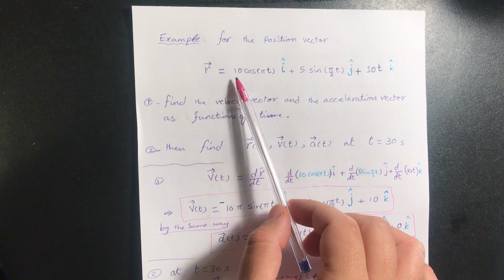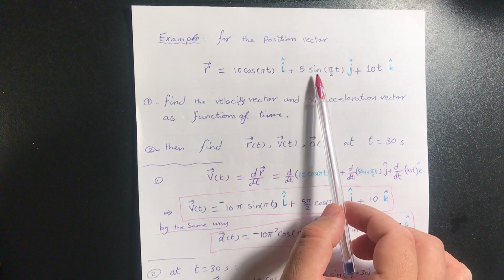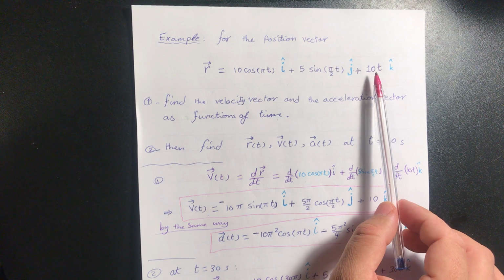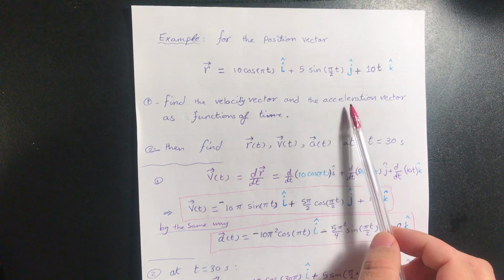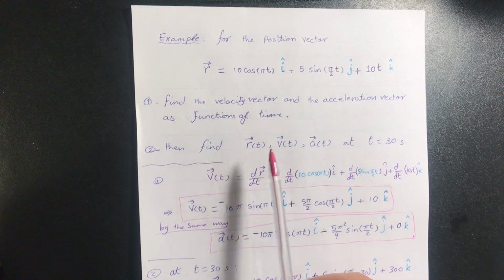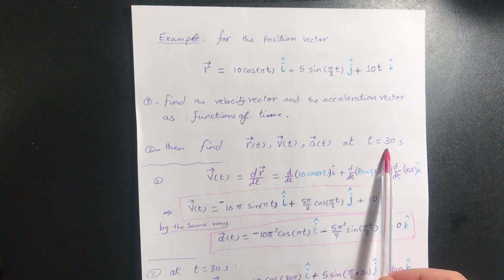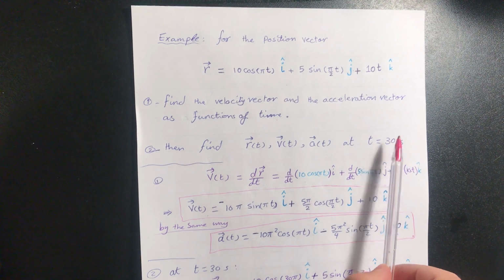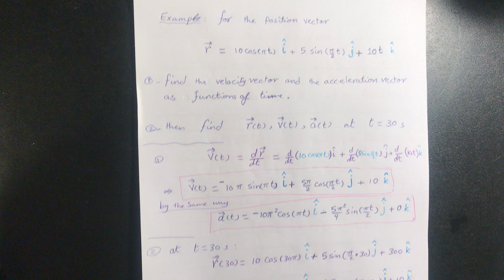So r is equal to 10 cosine pi t in the i direction plus 5 sine pi over 2 t in the j direction plus 10t in the z direction. We need to find the acceleration vector and the velocity vector, and then find the position, the velocity and the acceleration at t equal 30. It is easy. We just need to put 30 in the place of t for these vectors.